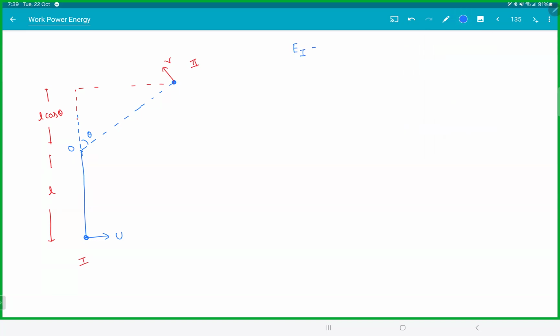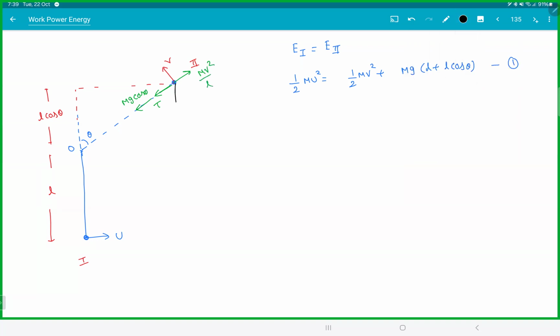Energy in state 1 is equal to energy in state 2. Initial: half m u square, potential energy 0. Finally: half m v square, and height is L plus L cos theta, so m g (L plus L cos theta). This is equation 1. At this point, if you look at the forces: tension, mg cos theta, centrifugal force.